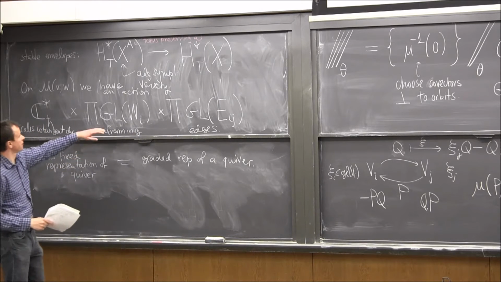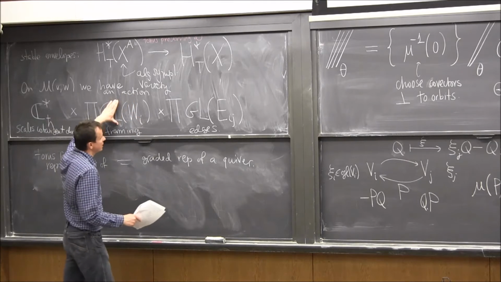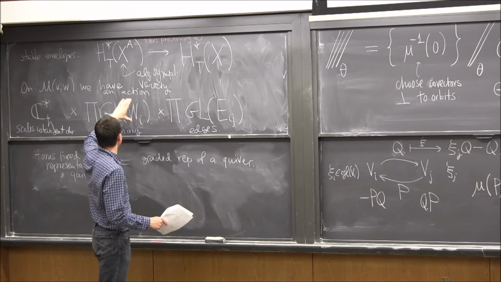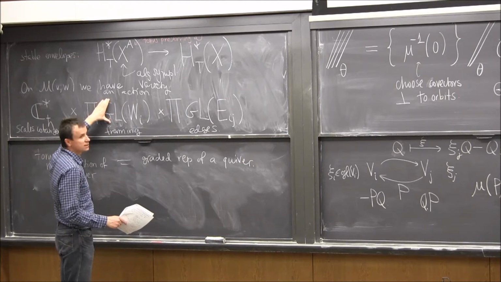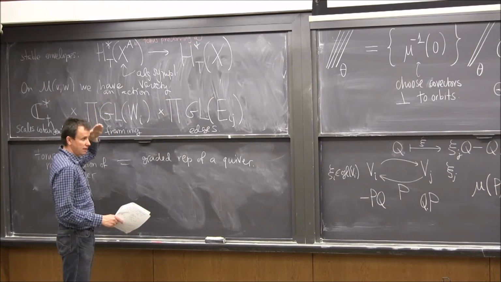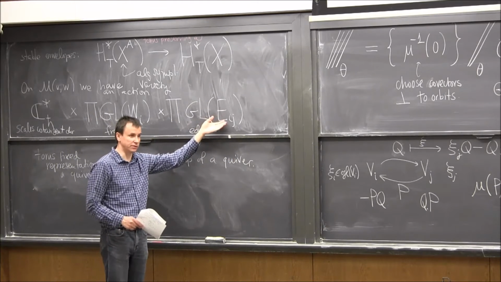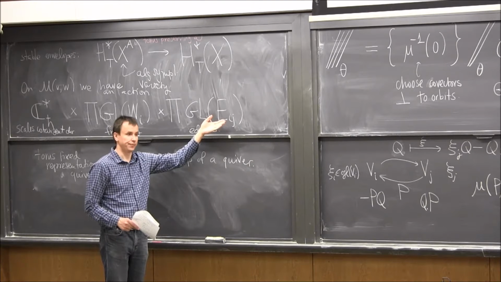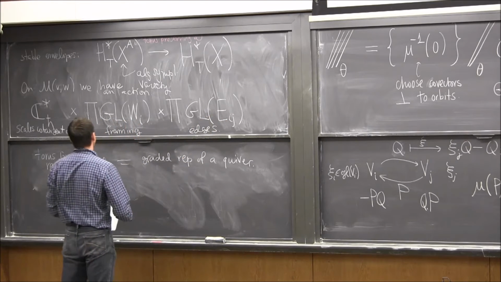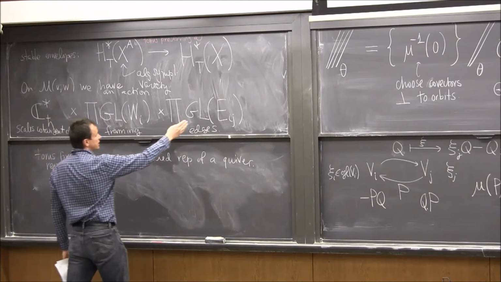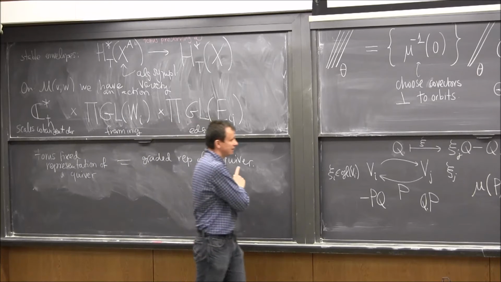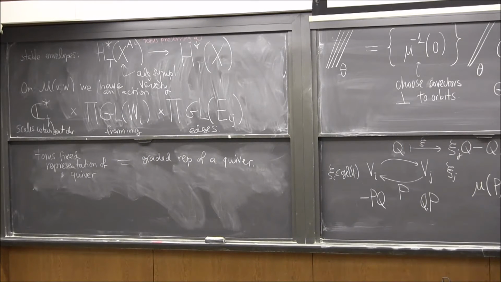The difference between the framing action and the action on edges is that in this situation the arrows have degree 0, and they have non-zero degree here. It's a very useful thing to consider, but we just don't have time to do it.